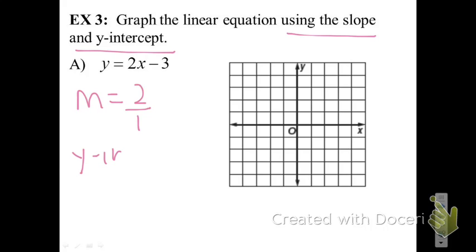The y-intercept is this value at the end, so it's -3. And what that means is that we'll go on our y-axis, down 3, and put a point there. From this point, we will apply the slope, which tells us to go up 2 over 1. Or you could go down 2, back 1, and you'll get this line.